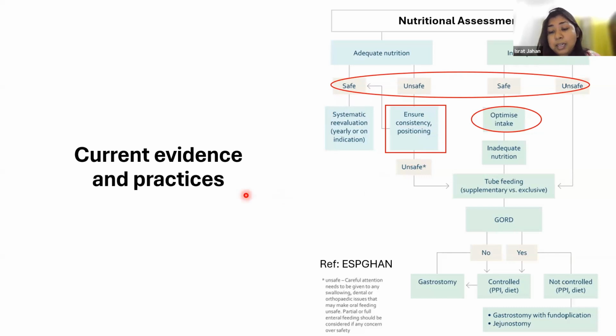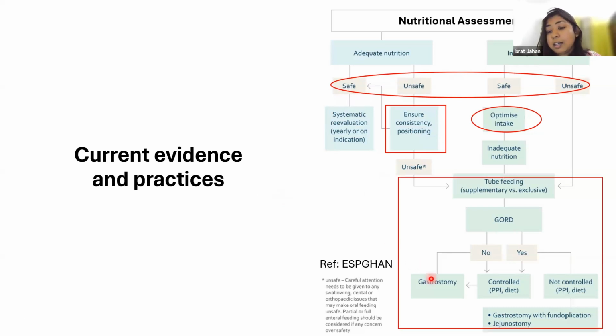Then the third issue I find is that tube feeding is definitely the best option, especially for children with severe dysphagia where oral feeding is not safe. But is it feasible in community-based settings in low and middle income countries? In Bangladesh, it is not.